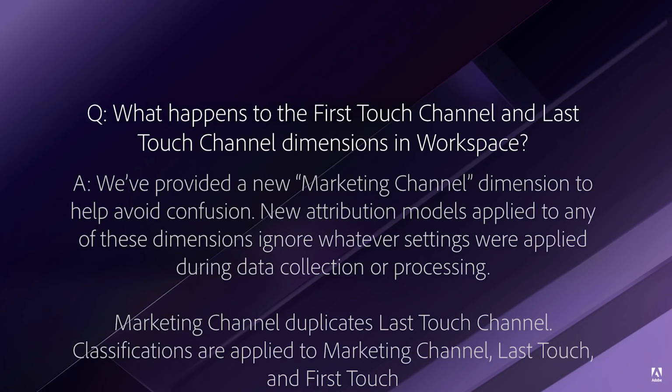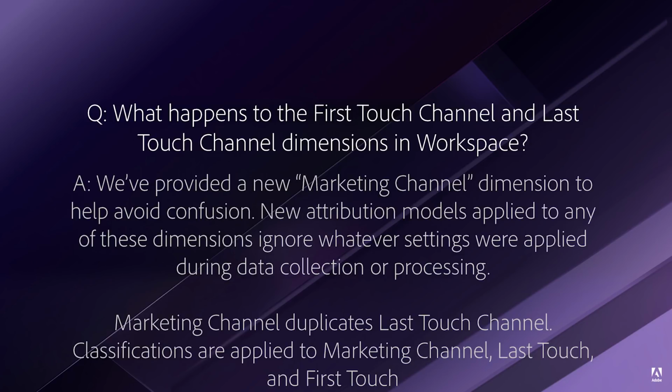So if I were to apply a linear attribution to a metric, even though I'm looking at the first touch channel dimension, then linear overrides the first touch channel concept. Similarly, I could even apply a last touch attribution model to the first touch channel. My head will actually not explode. Instead, we'll see the last touch attribution model in that instance.